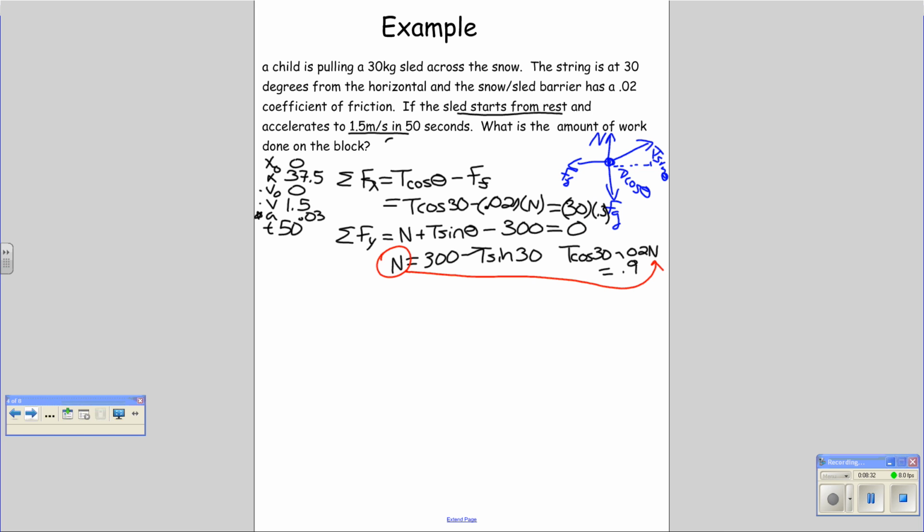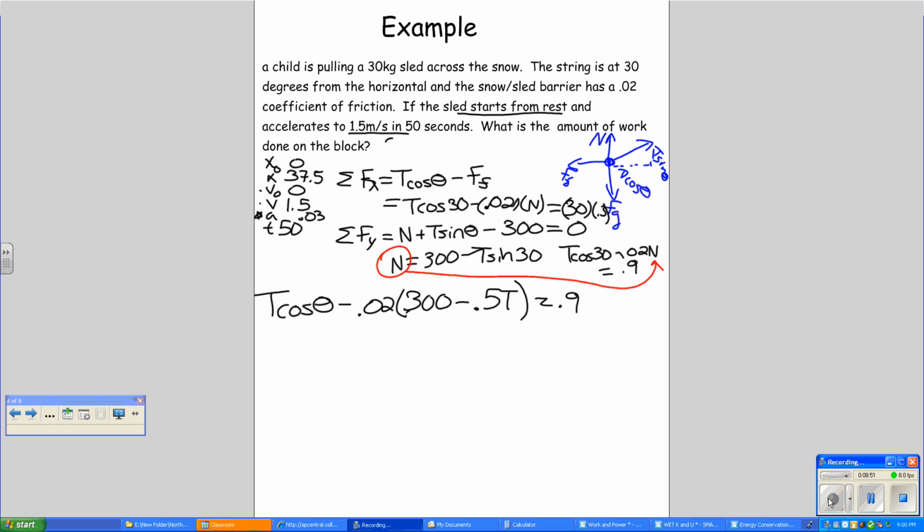So you end up with t cosine theta minus 0.02n, and in this case, n is 300 minus sine 30 times t, which is 0.5t, and that's going to equal 0.9.